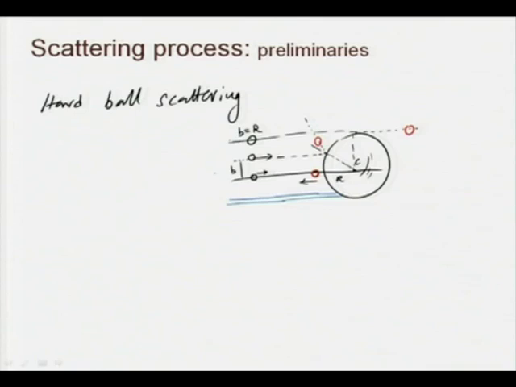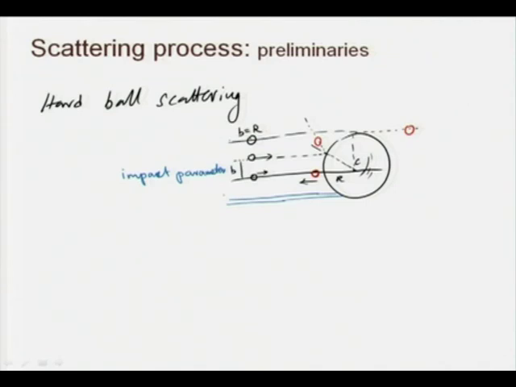That B value is called the impact parameter. So, the impact parameter for different particles in the beam could be different.